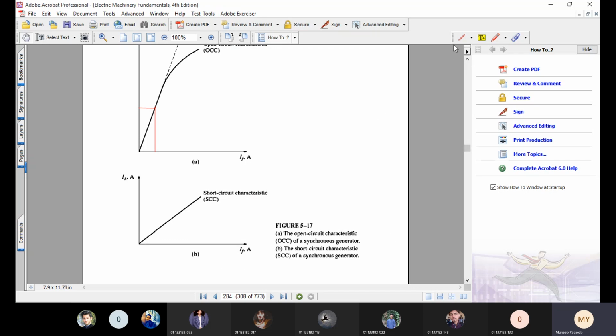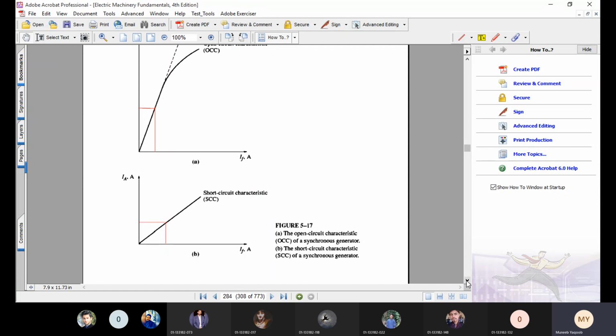For example, if we take this point, the field current would be this, and its corresponding short circuited armature current, the output current, would be this. In short, the open circuit test gives us the internally generated voltage, and the short circuit test gives us the armature current.